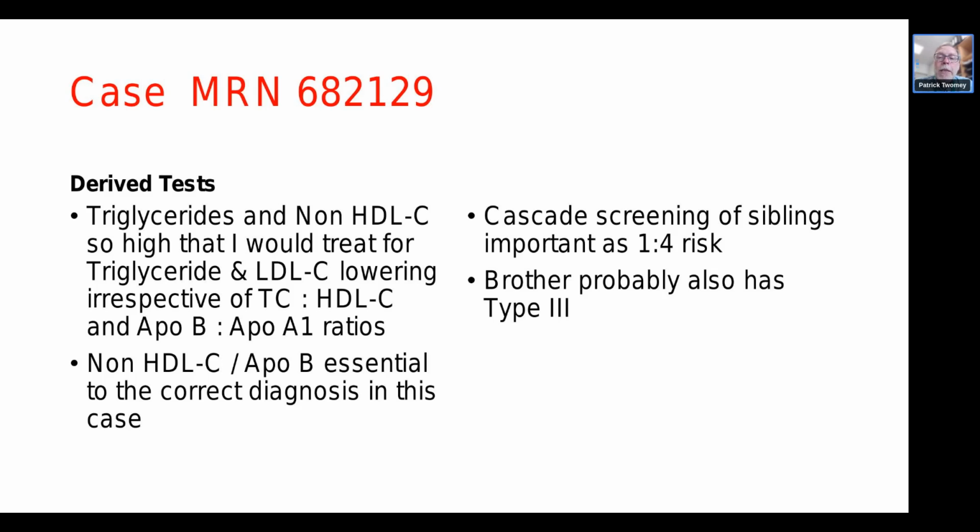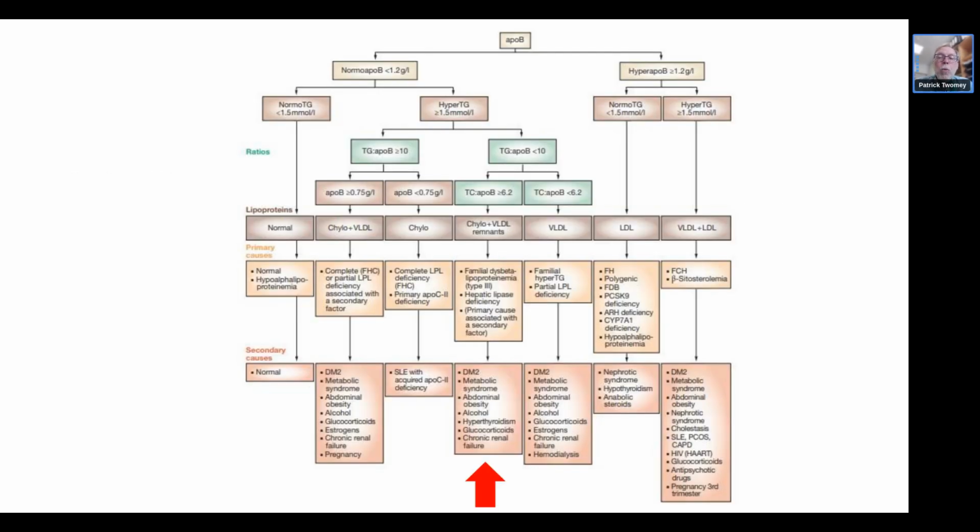So in this case, actually cascade screening, looking back at the family history, the brother probably also has type 3, and siblings would have a 1 in 4 risk. Good. When you look through the Schneiderman algorithm, and again using the various ratios, you do come down to a similar picture. And this is where the Schneiderman algorithm and derived ratios is quite good.